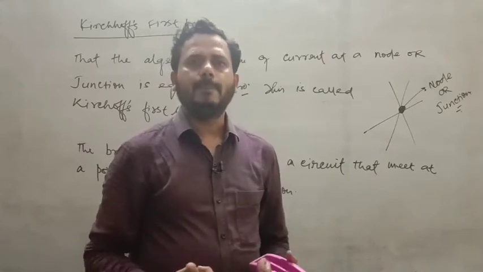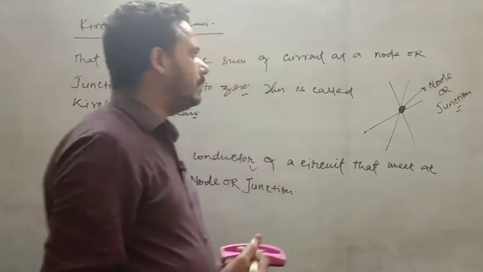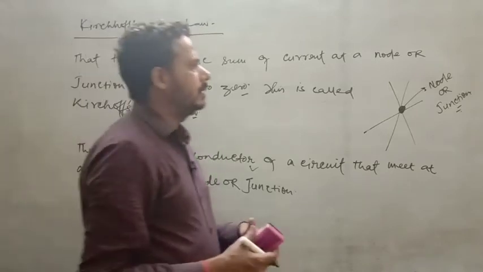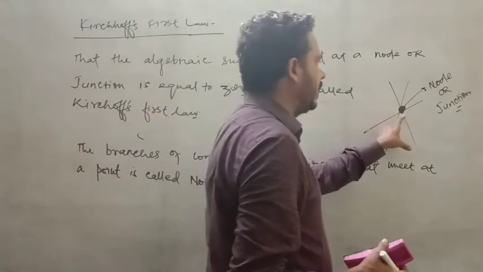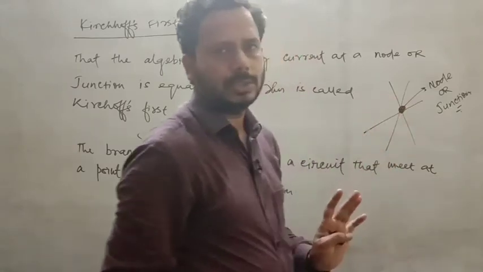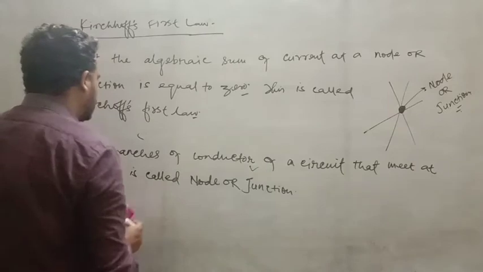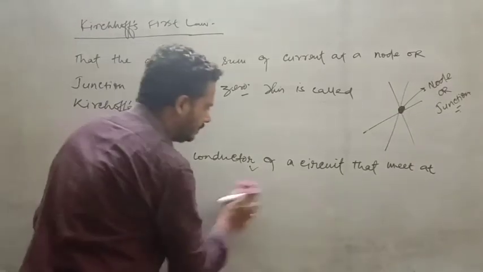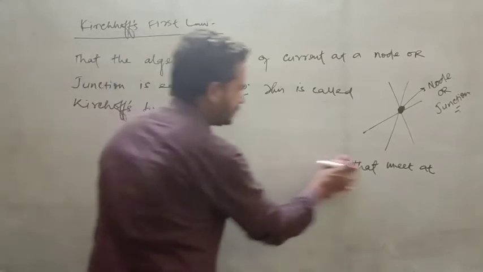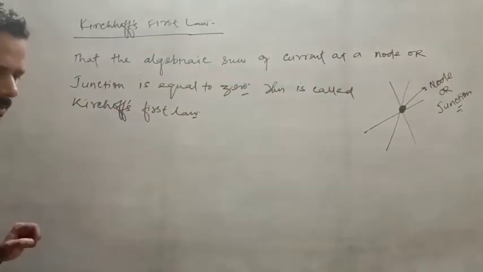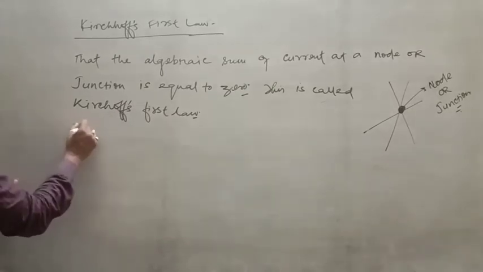Now there is a rule that you have to apply when you find current at a given junction or node. The rule is very simple.